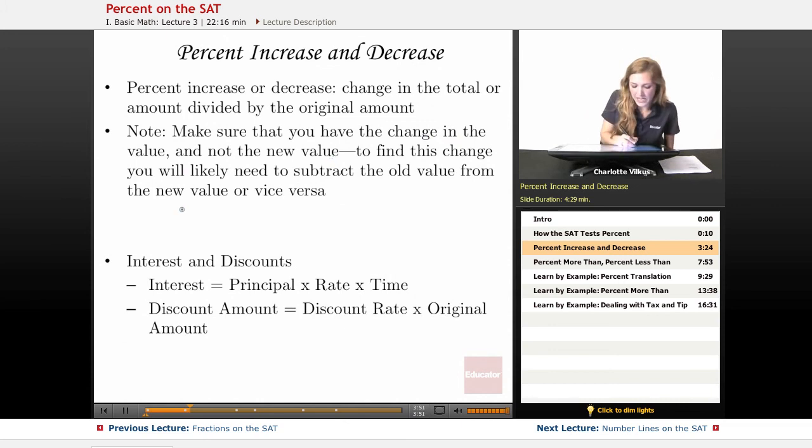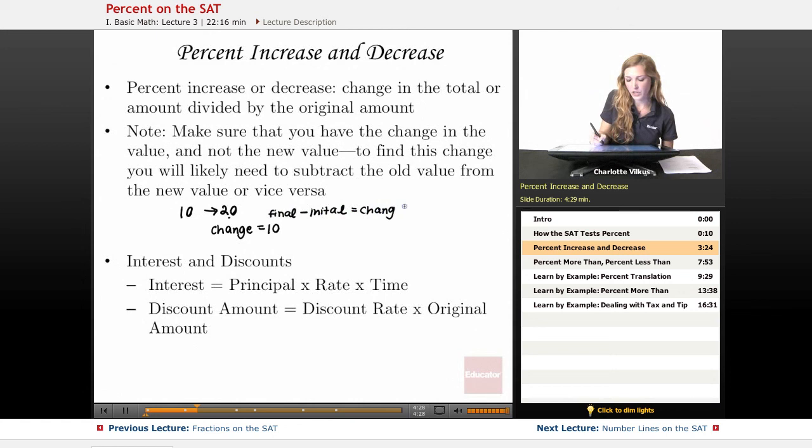So if I have a number that goes from 10 to 20, my original value is 10 and my final value is 20, which means that my change is going to be equal to 10, and I find that by taking my final and subtracting my initial from it. So final minus initial is equal to the change.